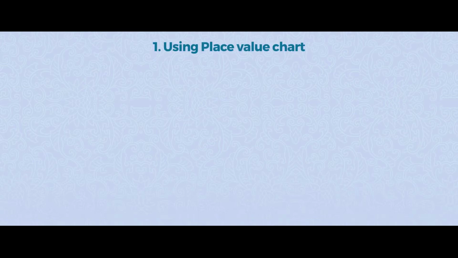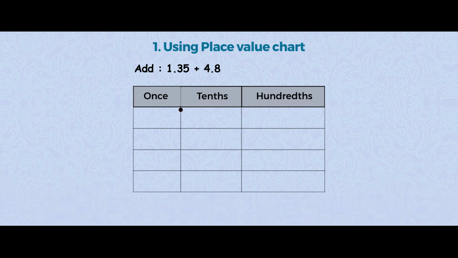Okay, the first way that we are going to look at is using place value chart. Here is my place value chart. So we are going to insert the numbers that are going to be added.